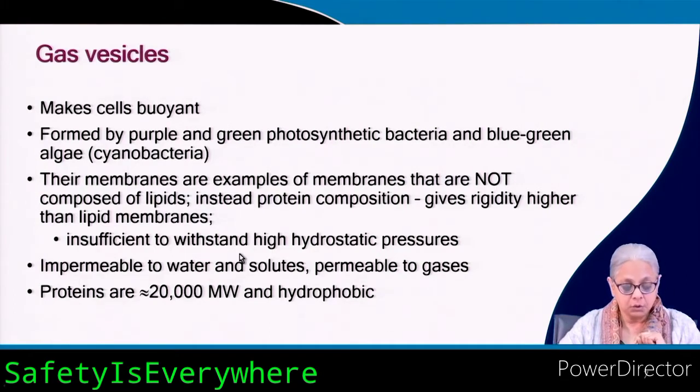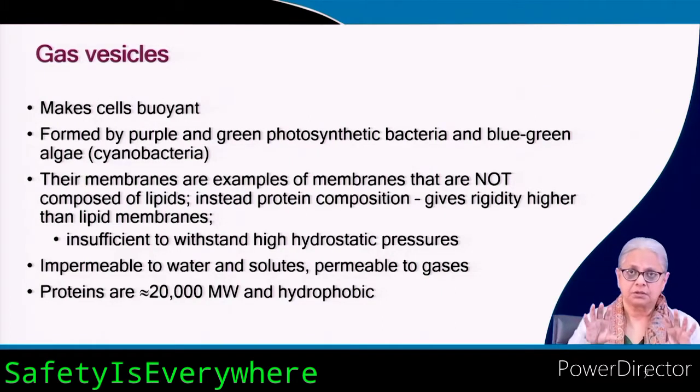However, they are not able to withstand high hydrostatic pressures, and there is a very nice figure in the textbook that gives you an experimental demonstration of this. Let's say you take pond water in two different bottles, seal it without head space, and then hit one of the bottles with a hammer.